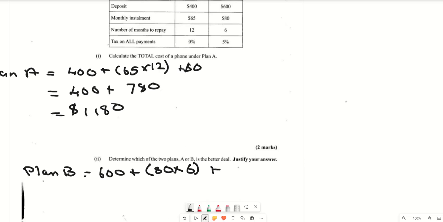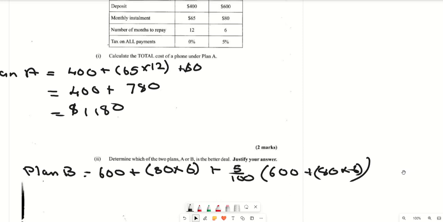plus you want 5% of this total thing, which is 5 over 100 multiplied by (600 plus 80 times 6), close bracket, right?